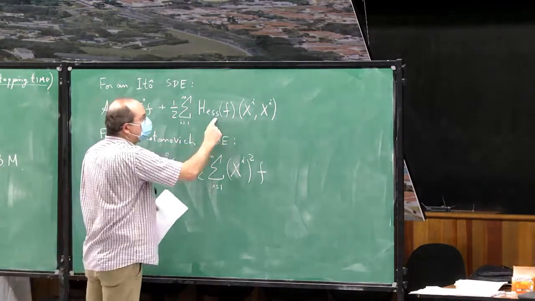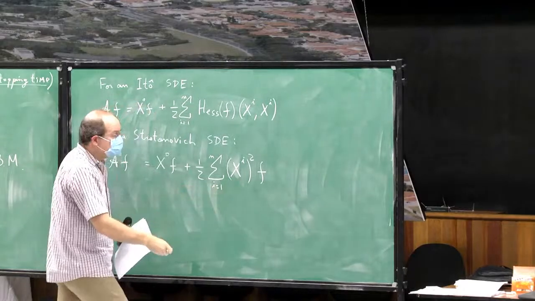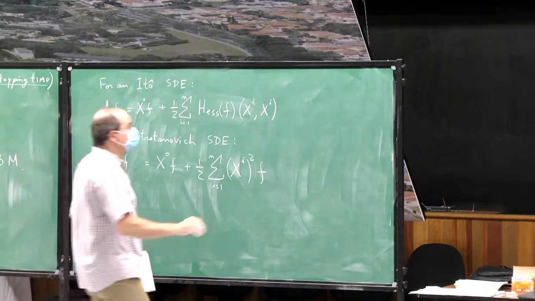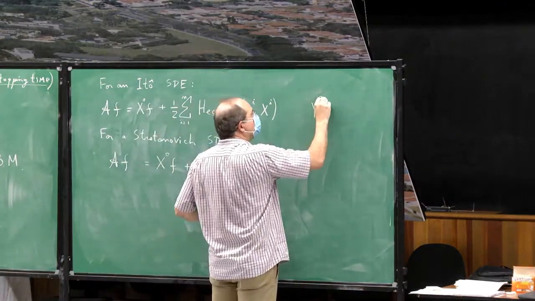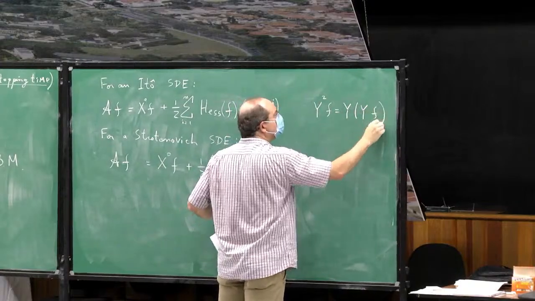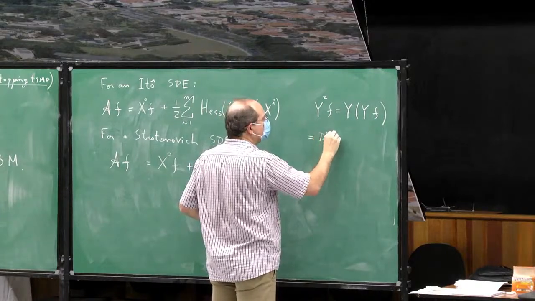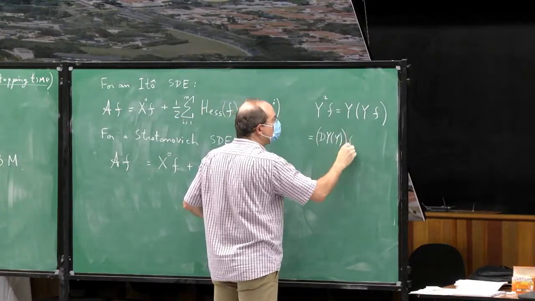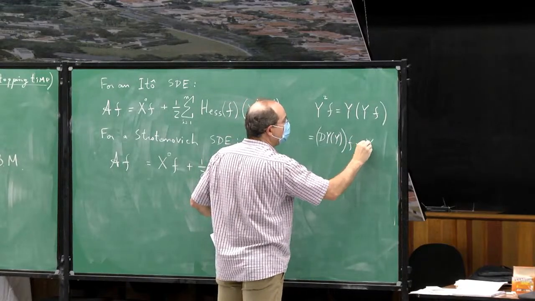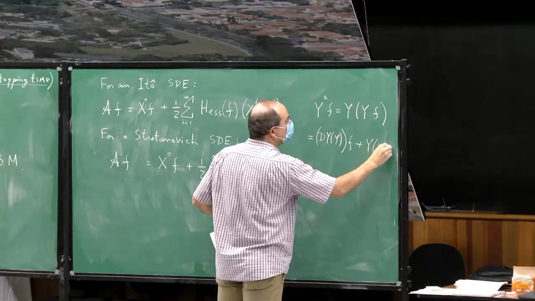Mind that this is a second order operator, but it has inside one first order operator. Y squared f means the derivative of Y f. This is the derivative of Y in the direction of Y. This is a first order operator applied to f, plus Y, which takes the derivative of the result of Y f.